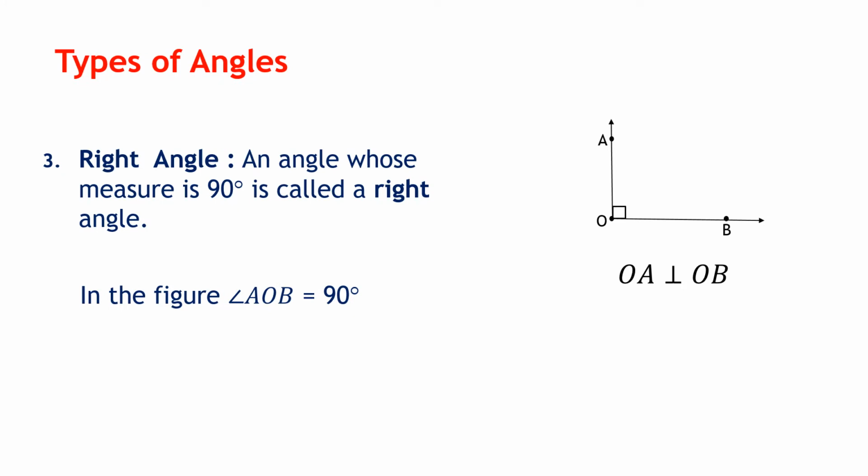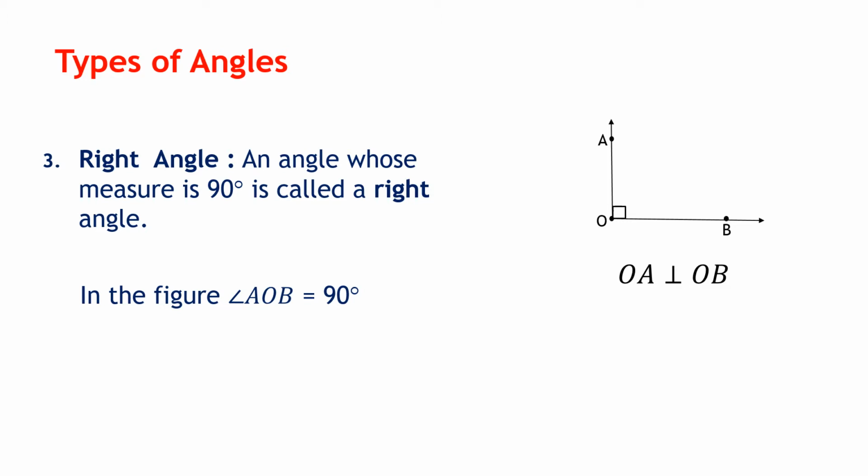The third one is a right angle. An angle whose measure is exactly 90 degree is called a right angle. An acute angle can be anything between 0 and 90, but a right angle is exactly 90 degree. In this figure, angle AOB is equal to 90 degree.